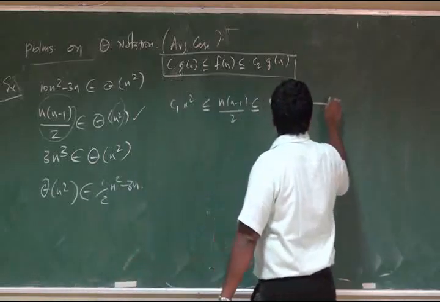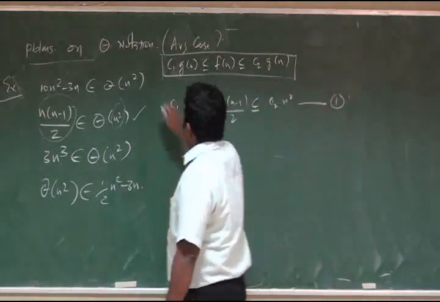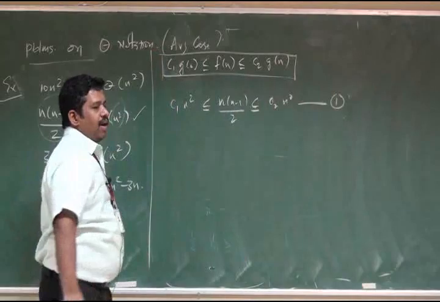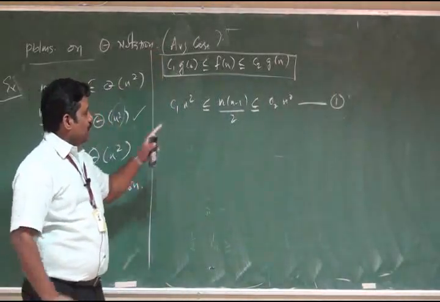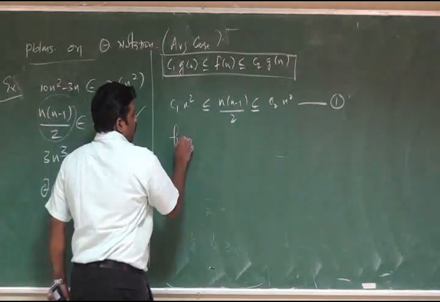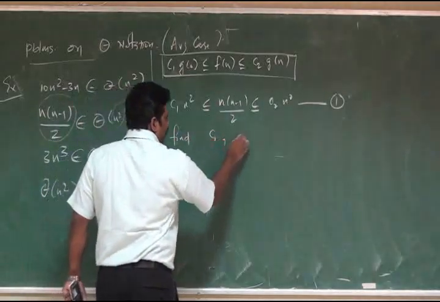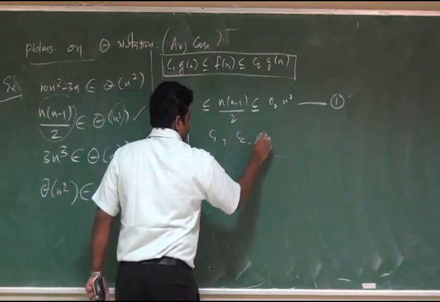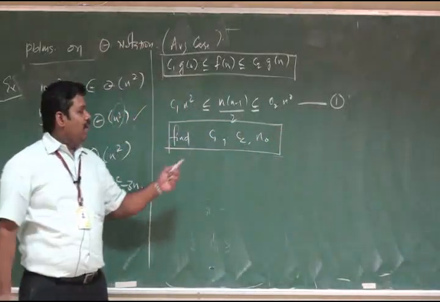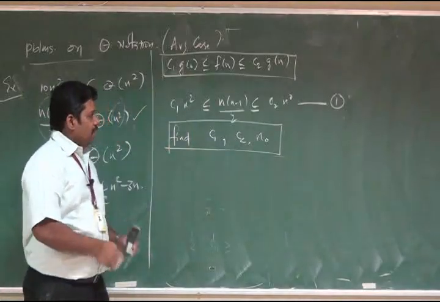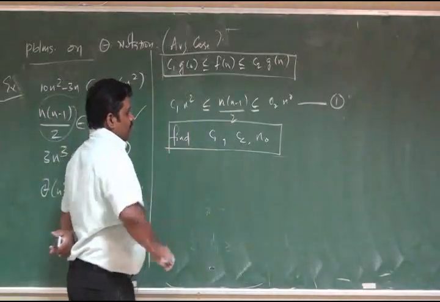This is equation number 1. As I said before, for big omega and big O notation, you are supposed to find a constant and non-negative integers. See there, in theta notation you have two constants here. Let's see one by one.